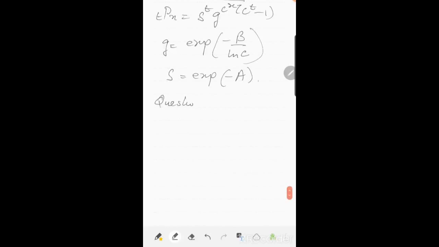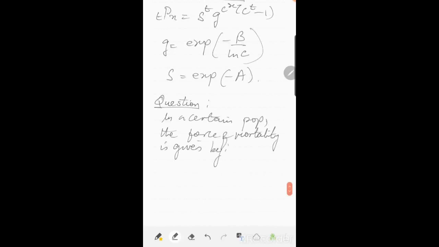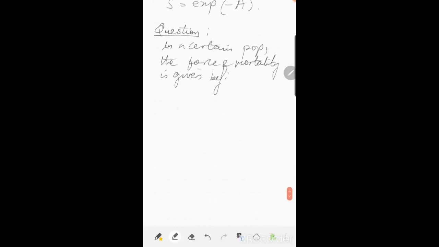In a certain population, the force of mortality is given by, so we have this range: 60 less than x less than or equal to 70, mu x is 0.01; 70 less than x less than or equal to 80, we have 0.015; and x greater than 80, we have 0.025.